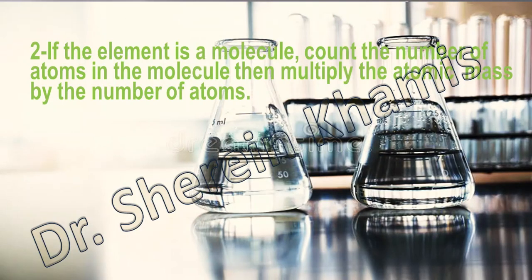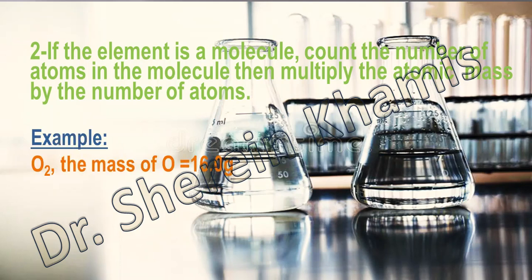If the element is a molecule, what must we do? We count the number of atoms in a molecule, then multiply the atomic mass by the number of atoms. We take the atomic mass and multiply the number of atoms times the atomic mass. So we get the molar mass of the molecule.